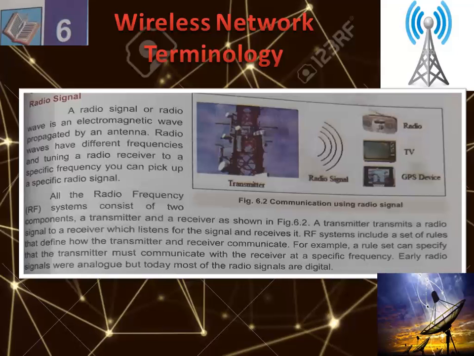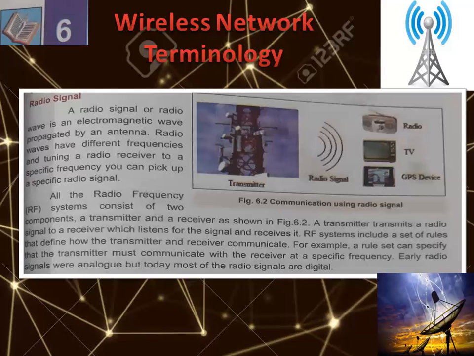For example, a rule set can specify that the transmitter must communicate with the receiver at a specific frequency. Early radio signals were analog, but today most of the radio signals are digital. So they are two-state signals in digital form.